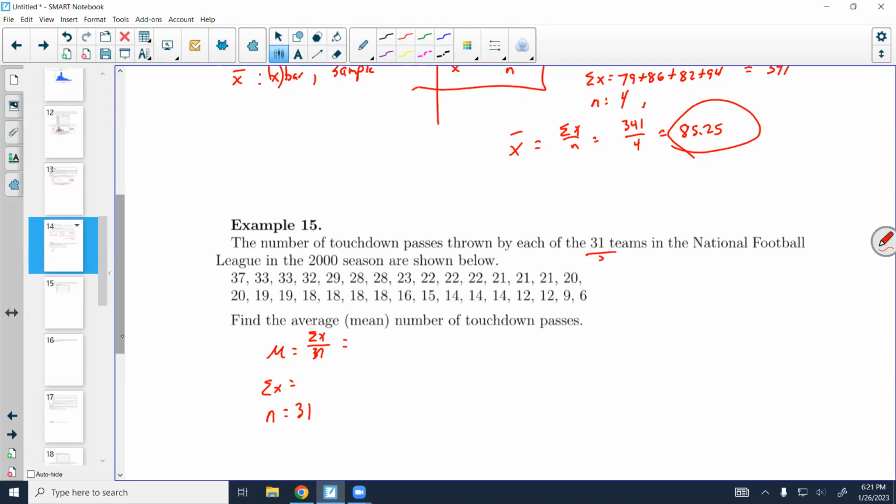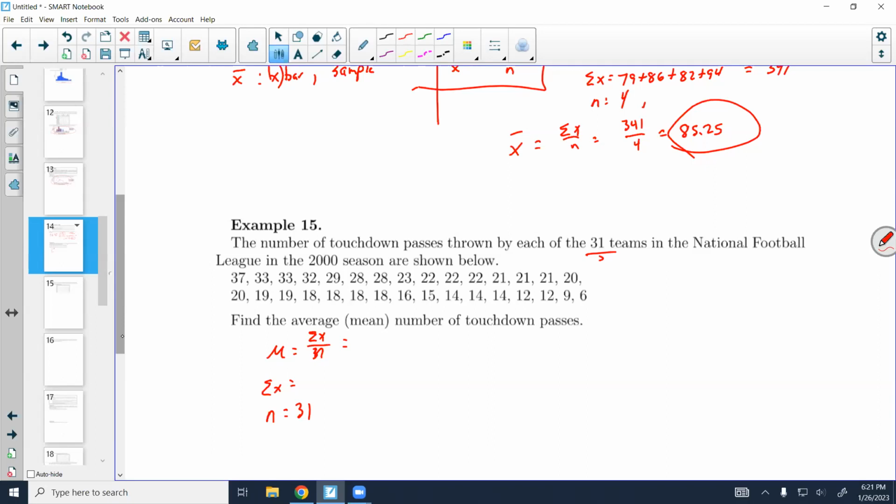So now we need to add them all up. 37, 33, 33, 32, 29, 28, 28, 23, 22, 22, 22, 21, 21, 21.